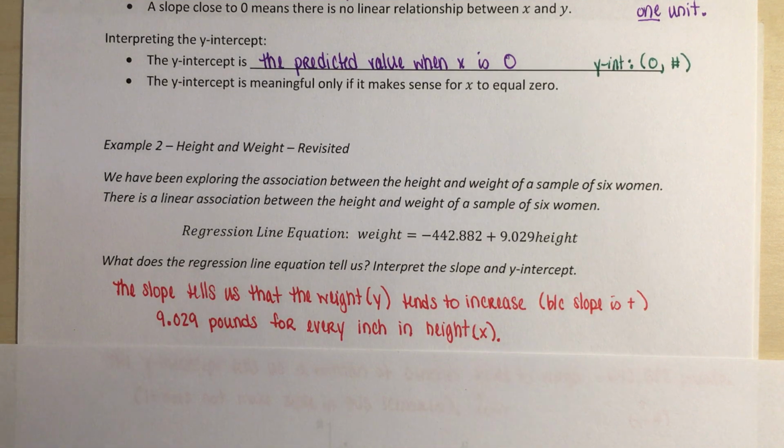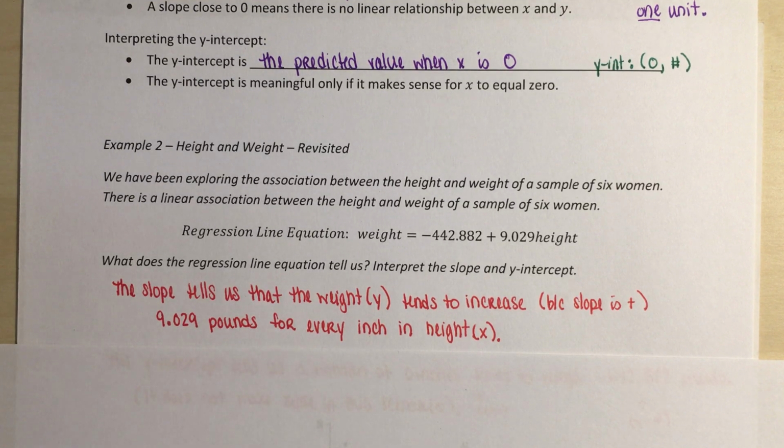The slope tells us that the weight, which is y, tends to increase because the slope is positive, by 9.029 pounds, because that's the amount of the slope, for every 1 inch in height. So height is our x value. As our x value increases by 1, the slope tells us that our y value, our weight, increases by 9.029 pounds.